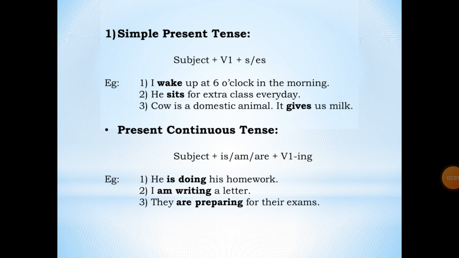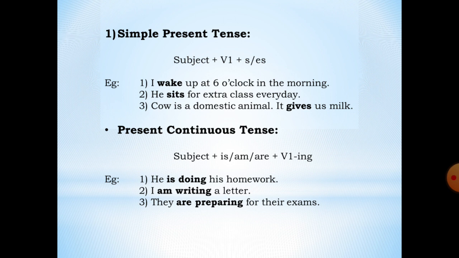See the formula: subject plus V1 plus S or ES. Subject means the name of a person, plus V1. V1 means verb first form, the present form of the verb, like go, went, gone.